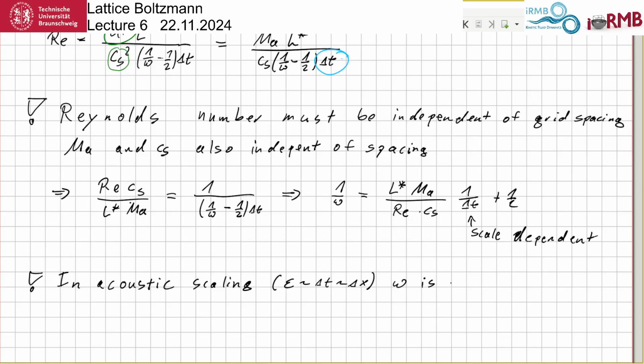Omega is a function of the resolution. And this you have to take into consideration when you do an expansion. Yeah, you have to expand omega. And if there somewhere is an omega included, you have to expand this somewhere included. Yeah? Because if you don't do this, you're messing up.